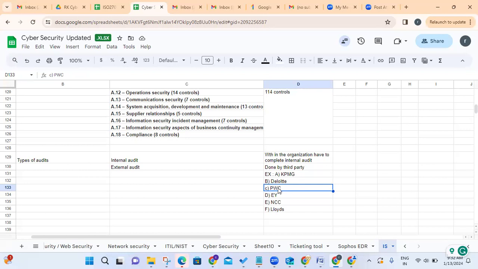After completing the internal audit, you call the external auditor, and they come and verify all these controls. That will take 2 days, approximately 16 hours, to complete the external audit. Finally, out of 114 controls, you are crossing more than 100 controls. Out of 5 score, they'll give 4 or 4.5 or 3 or 3.5.